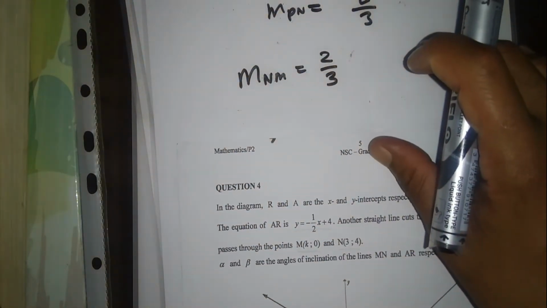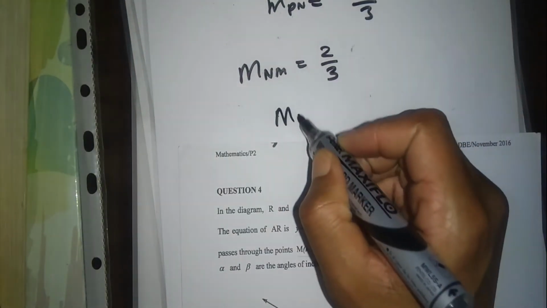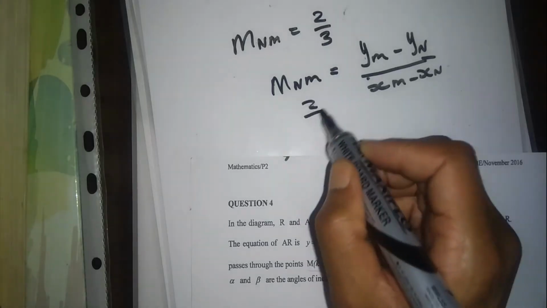Now the gradient NM is equal to yM minus yN over xM minus xN, and the gradient NM is equal to 2 over 3.